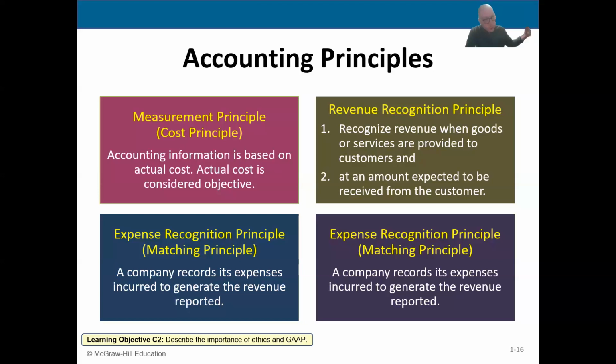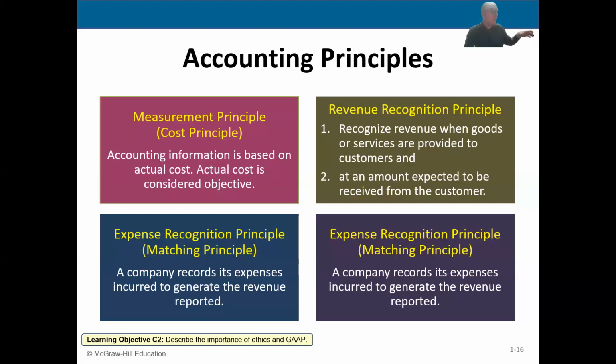Okay, when Jenny paid me for the calculator before I shipped it, that's called unearned revenue. Unearned revenue, because I collected cash before I sent the product or provided the service. Okay, that's called unearned revenue. The reason for that is because I didn't earn that revenue until Jenny received the calculator.